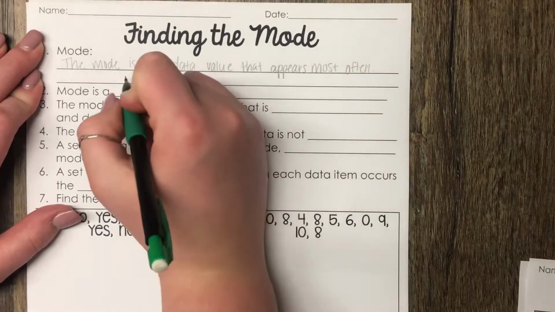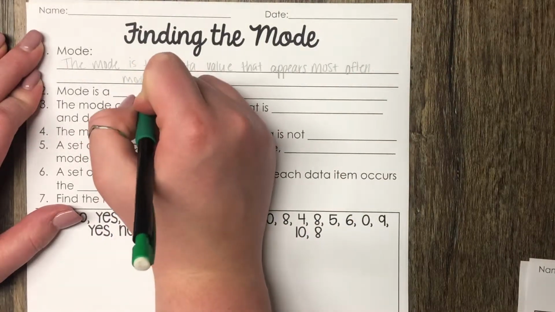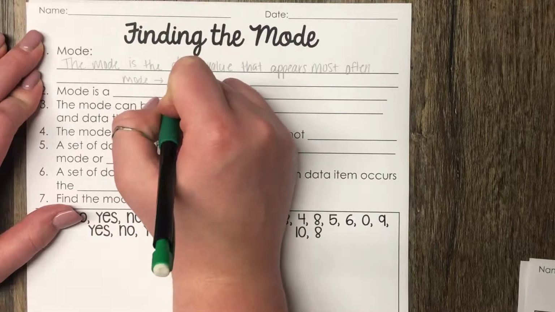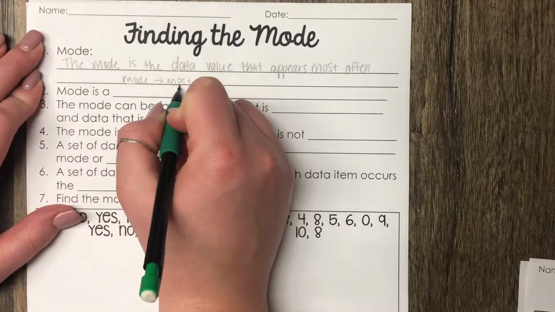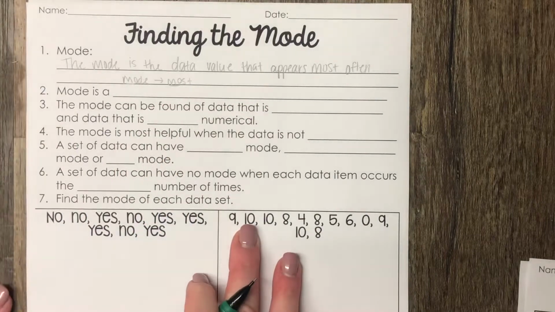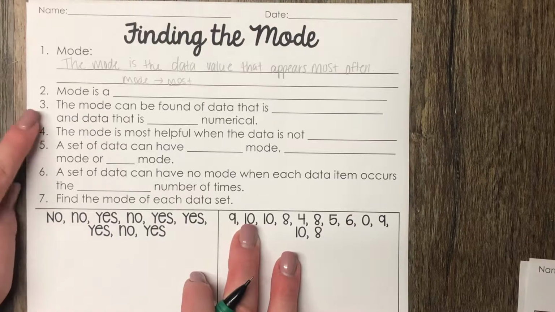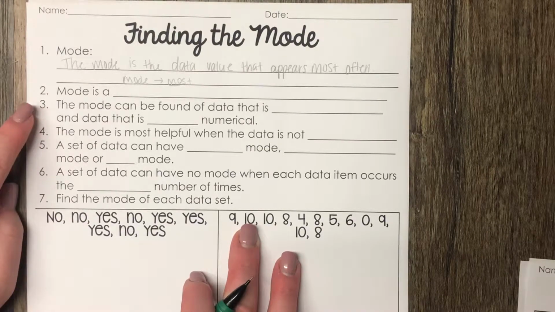Okay, so I'm going to put at the bottom mode, most. Okay, so they're both starting with that M-O, M-O. So when you think of mode, you should think of most. What number do you see the most of? Or what number appears the most in the data that you're given?